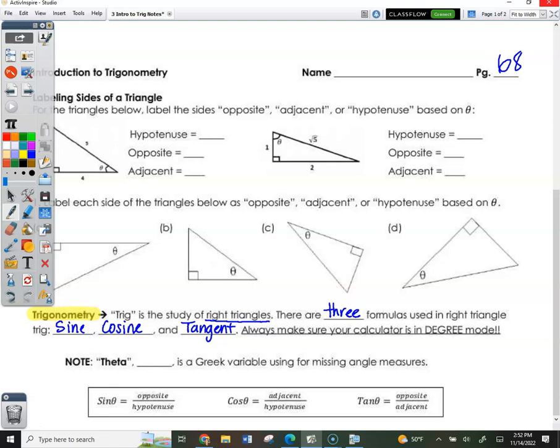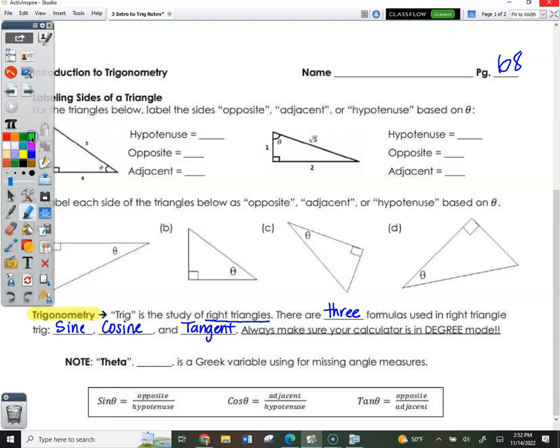So sine, cosine, and tangent can only be used with right triangles for right now until you get to higher level math, and then you'll learn what's called law of cosines and law of sines. But for right now, they are only used with right triangles.